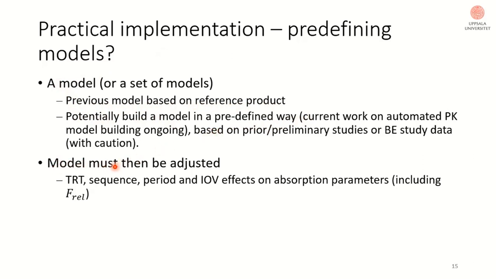Once you have your models based on some reference product, you still need to adjust those models by adding treatment, sequence, period, and interoccasion variability effects on the absorption parameters of your model, so you can see the differences between your test and reference product.